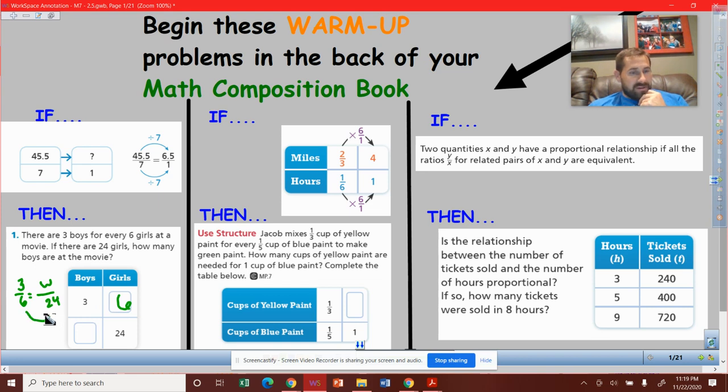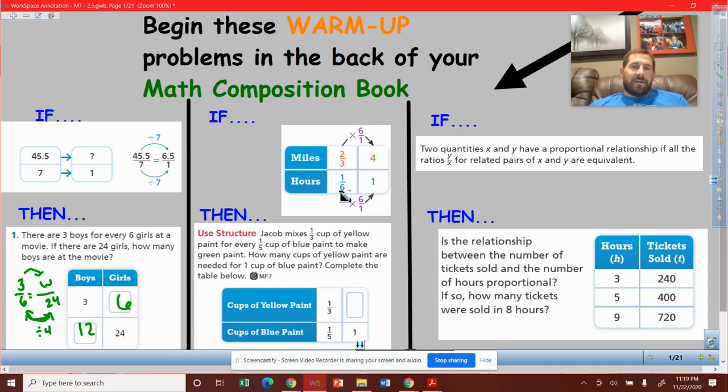We took 6 and multiplied it by 4. So what are we going to do with 3? Hopefully you found this is going to be 12. We could have done that backwards and taken 24 and divided it by 4. I wrote multiply, but we're dividing.